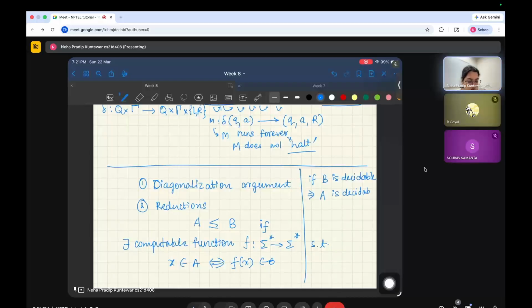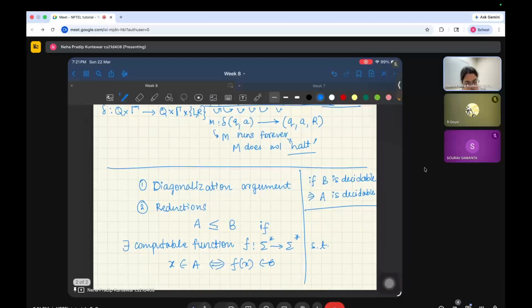So if you want to show that some language is decidable, then what you do is you reduce it to some decidable language so that you can use the solution of B to get a solution for A. Whereas if you want to show that some language is undecidable, then what you do is you take your undecidable language. So let's say what I could do, for example, is I'll reduce A to HP, sorry, the other way around.